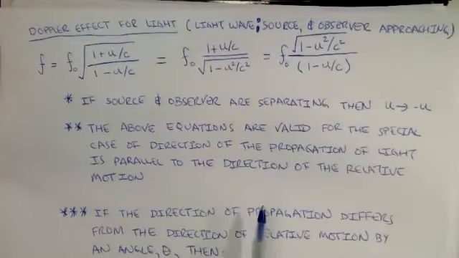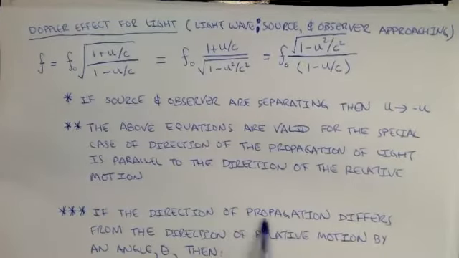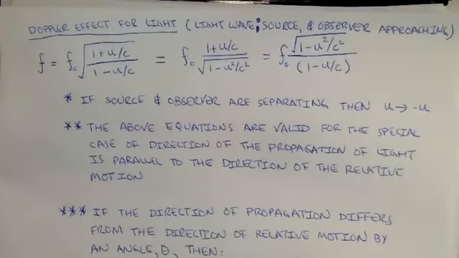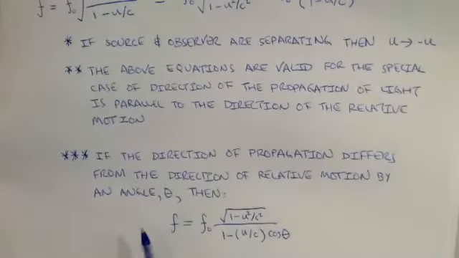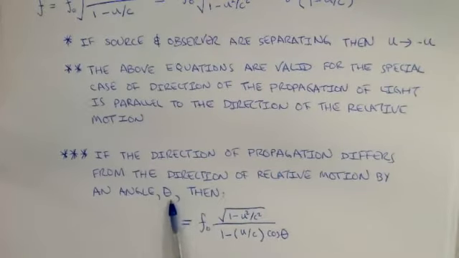In the case where they're moving apart from each other, but the direction of propagation of light isn't parallel to the direction of the relative motion, in other words, the direction of the propagation of light differs from the direction of relative motion by some angle theta, then what we have is the observed frequency is the emitted frequency multiplied by the square root of 1 minus u squared over c squared divided by 1 minus u over c times cosine of theta, where the direction of propagation is theta.